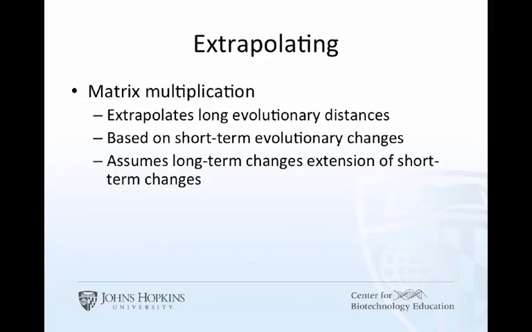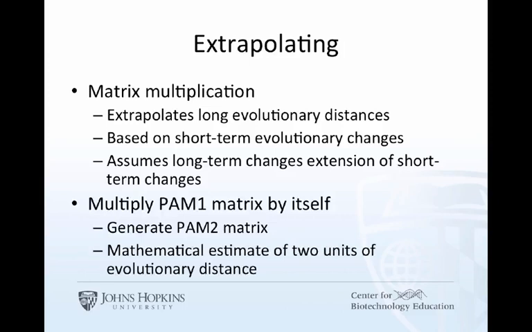So after we construct the PAM1 matrix, the idea is to extrapolate that 1% change over longer distances of time. And we can use matrix multiplication to do that. So the idea is that long-term changes of amino acids are based on short-term changes. It is an assumption. So we multiply the PAM1 matrix by itself.